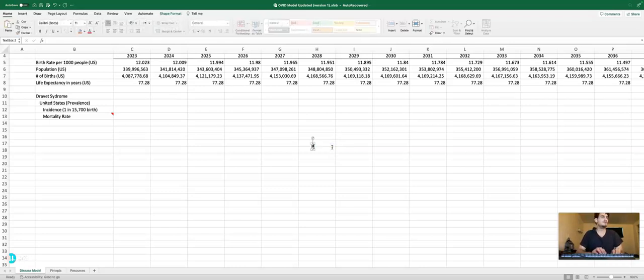Okay, so the prevalence is equal to the incidence rate, multiplied by the average duration of disease.